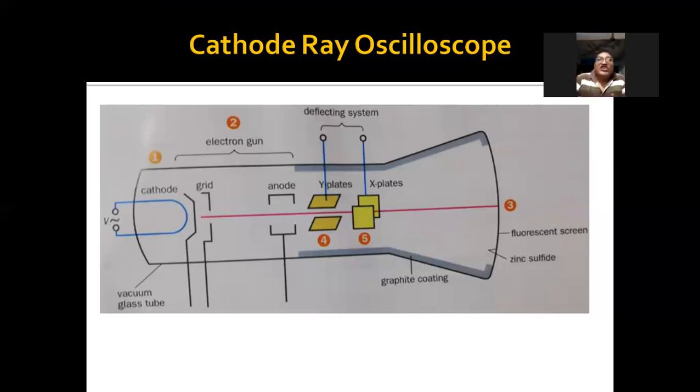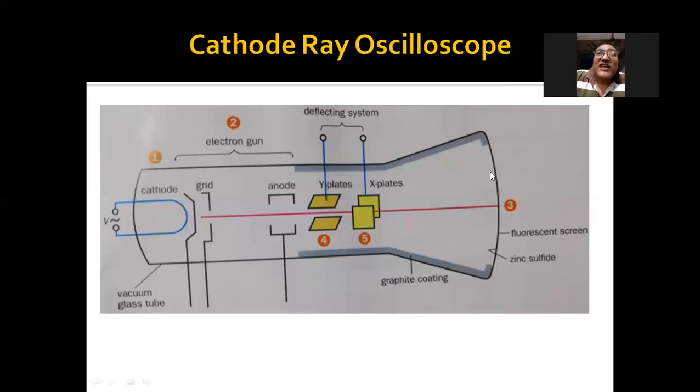So by providing voltage to the X plates, we are able to move the beam from left to right or from right to left. These X plates move the beam horizontally on the screen of the CRO.